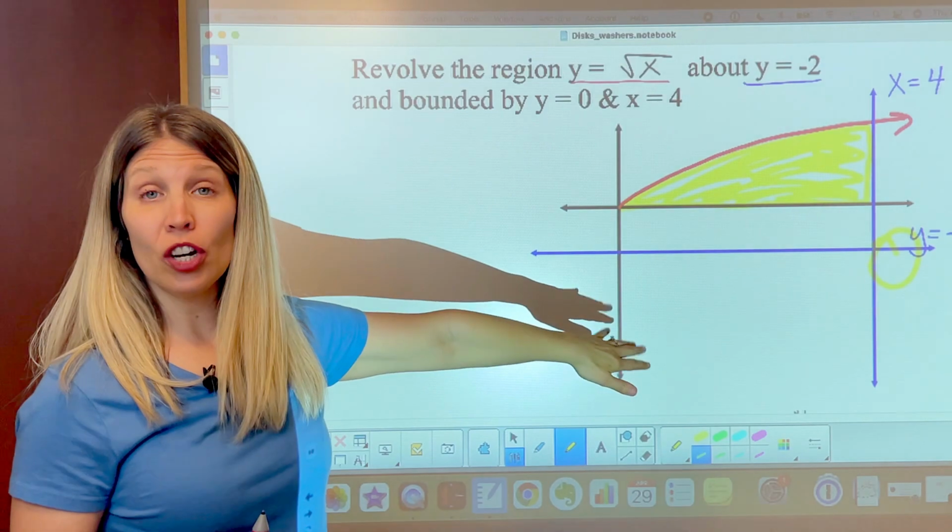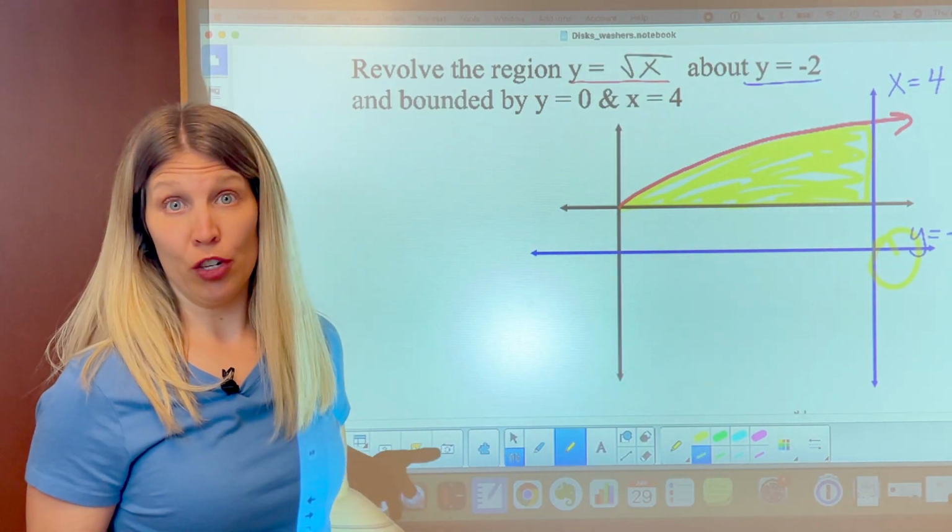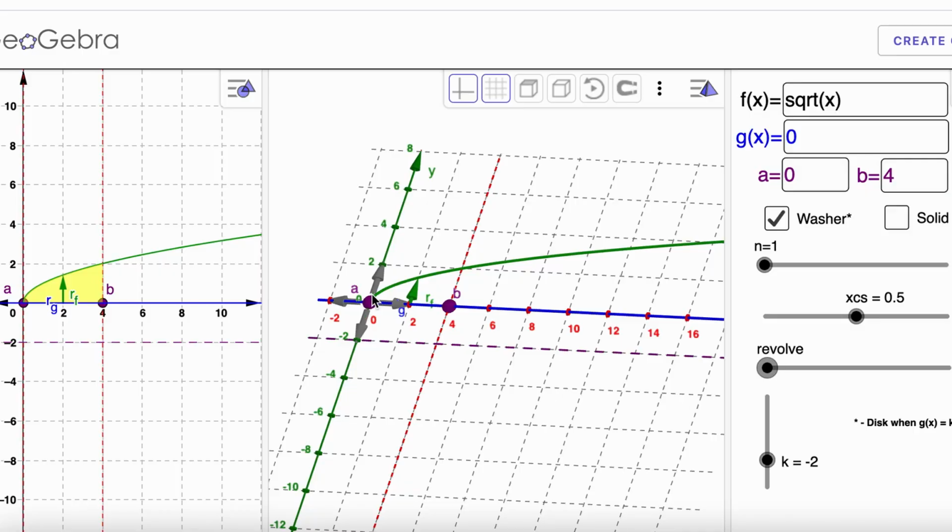So let's take a look at what that means for a 3D picture. Right here we have it visually. We have our square root of x graph, bound by x equals 4, and we want it to revolve around y equals -2. As I revolve this area right in here, I want you to see what happens with the shape.